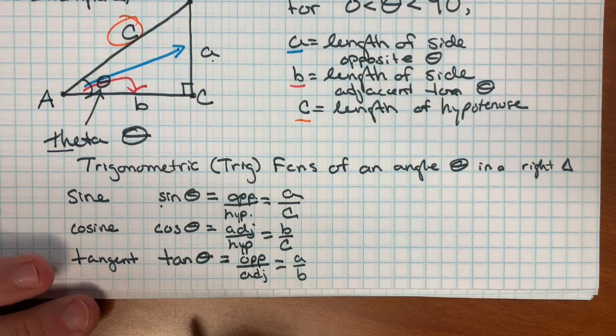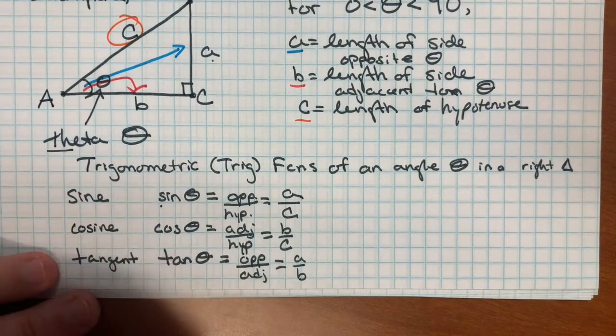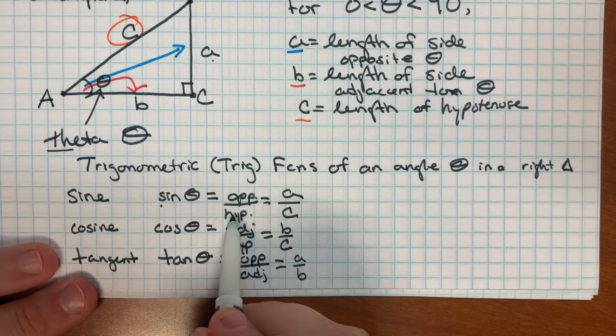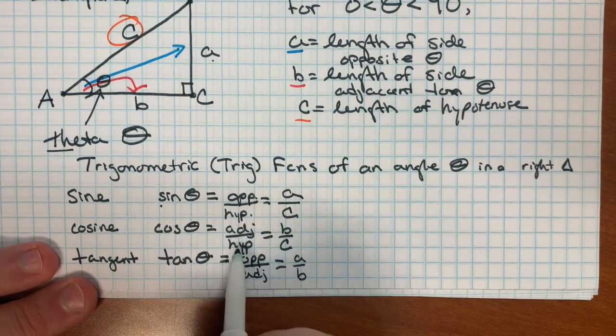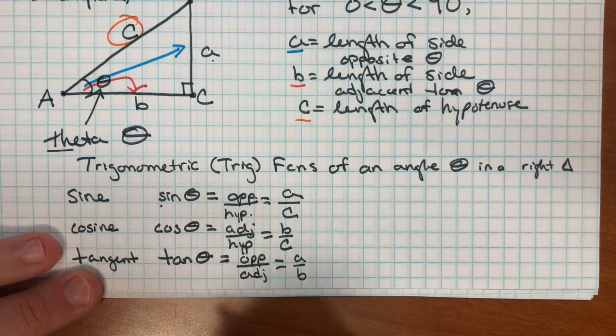And I would say often, because who knows if we're going to use A, B, and C as our variables in a general triangle, it's better to remember that sine is opposite over hypotenuse, cosine is adjacent over hypotenuse, and tangent is opposite over adjacent.